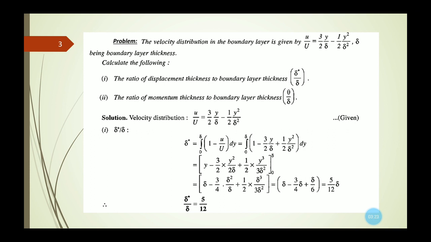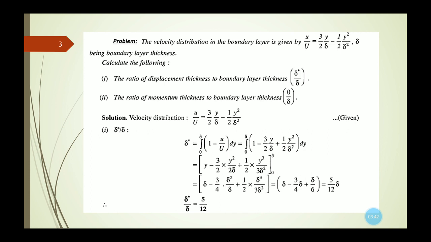And the ratio of momentum thickness to boundary layer thickness, where momentum thickness is theta and the boundary layer thickness is delta. The velocity distribution is given here: small u by capital U equals 3 by 2 y by delta minus half y square by delta square.